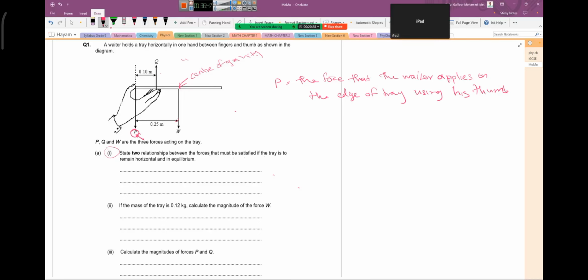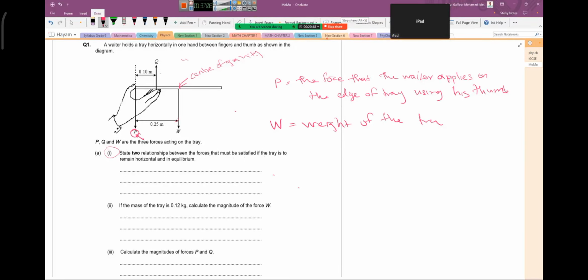What is W? W is the weight of the tray, and Q is the reaction force.